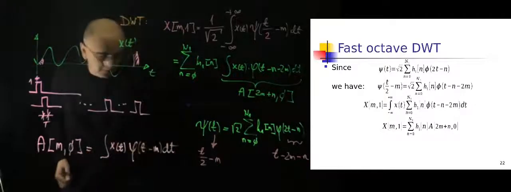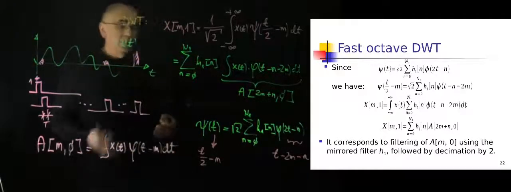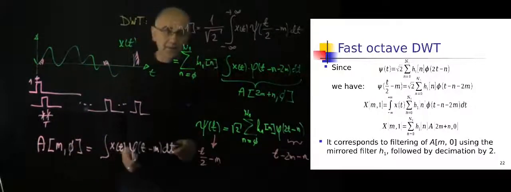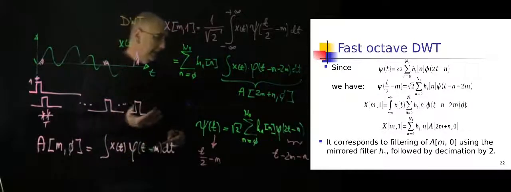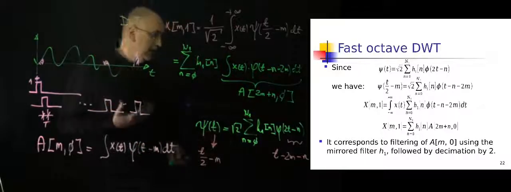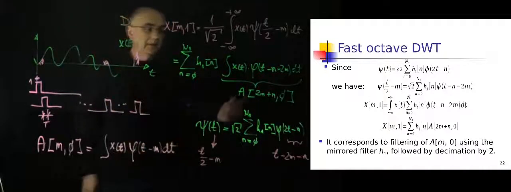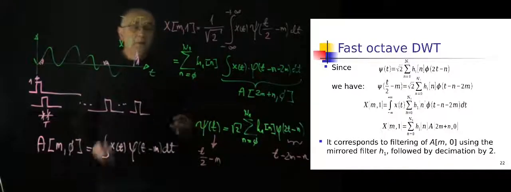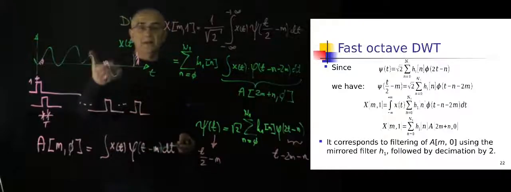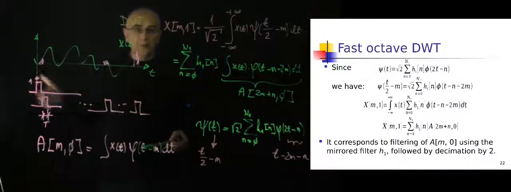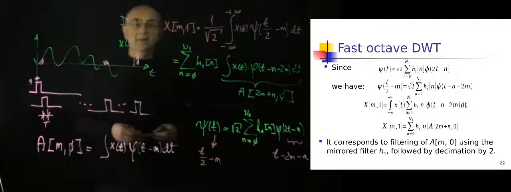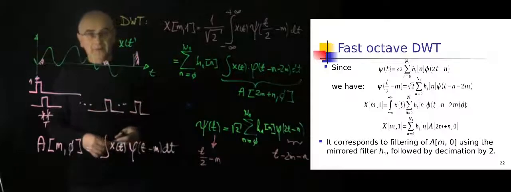Altogether it corresponds to filtering of these coefficients using the H1 filter, which is mirrored, so the minus is missing, followed by a decimation by the factor of 2, so we only need every second sample of the result. We have already seen that. That's a part of our wavelet filter bank.